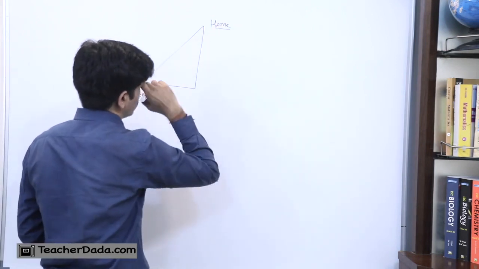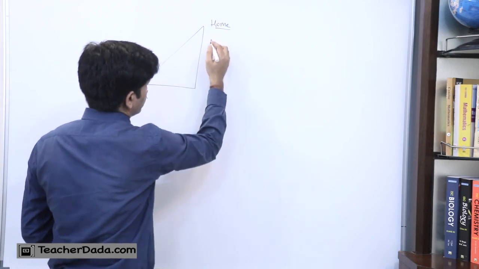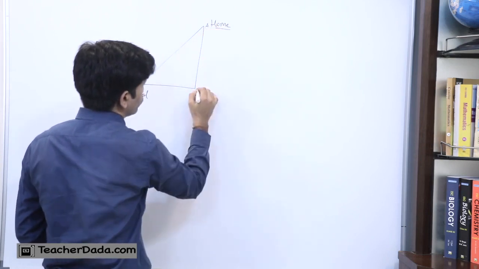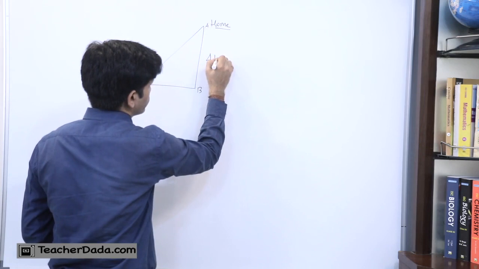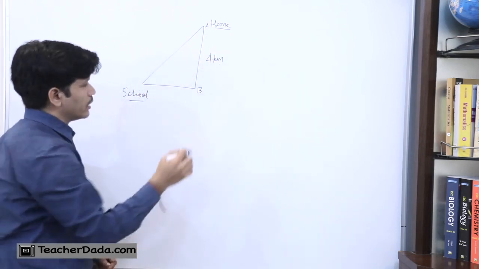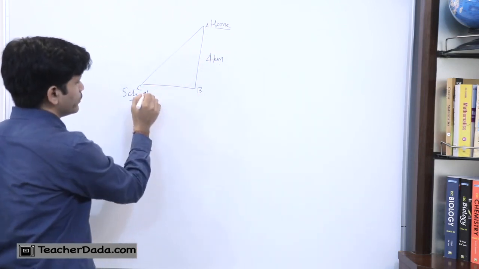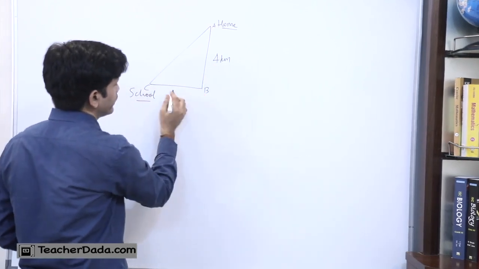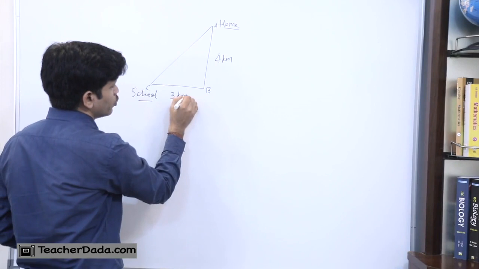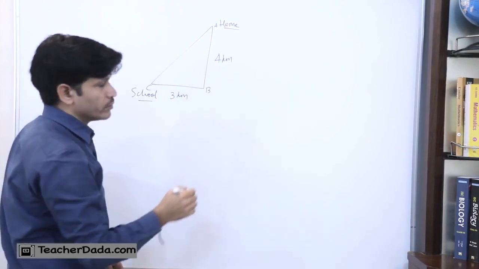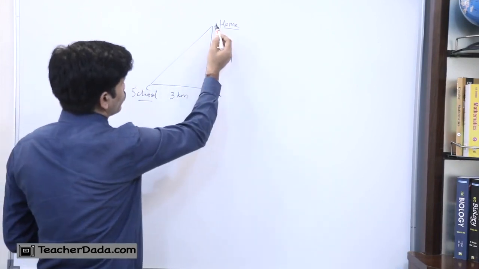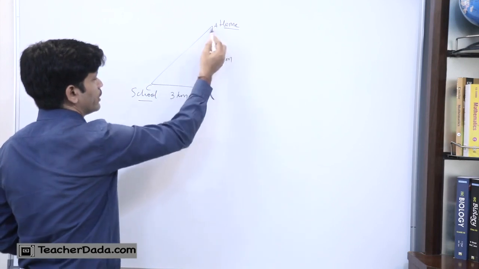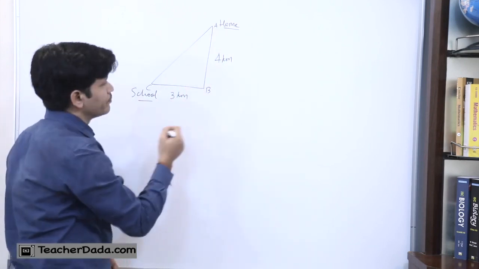Suppose he takes from point A to point B, 4 kilometers, and then from point B to point C, where the school is, he takes 3 kilometers, and we don't know this straight line path, that is AC.